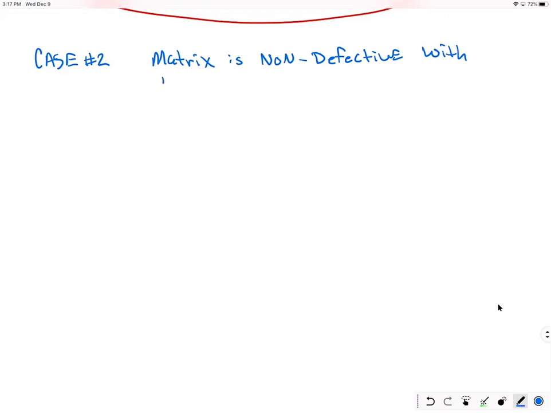So this is case 2. So this is matrix is non-defective with complex roots.